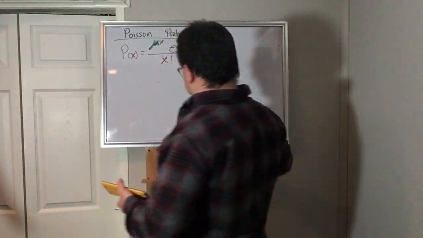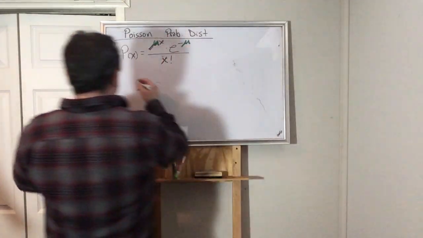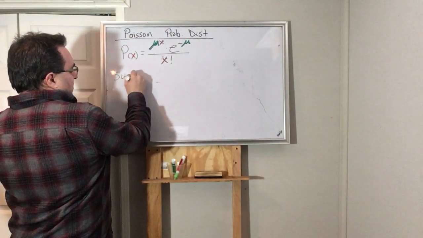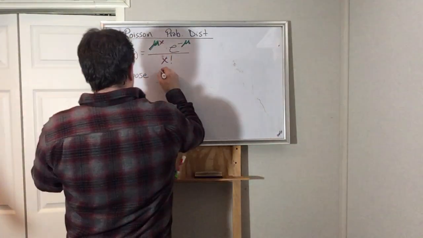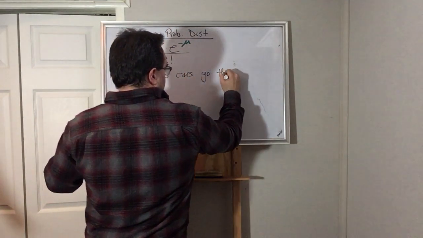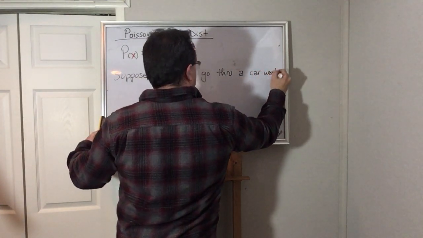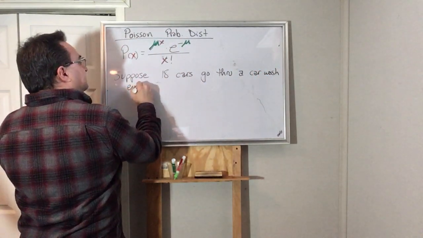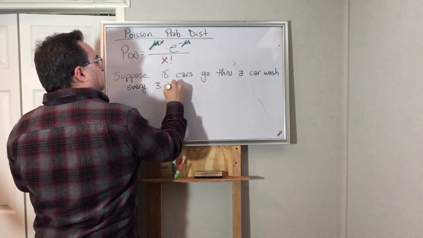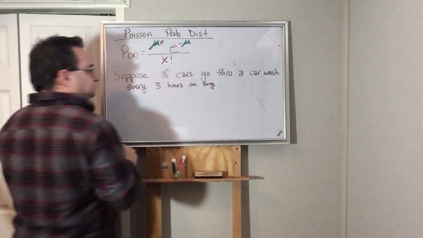So this time I got to write a bunch of words because I got to set up the scenario. Suppose that 18 cars go through a car wash every 3 hours on average.